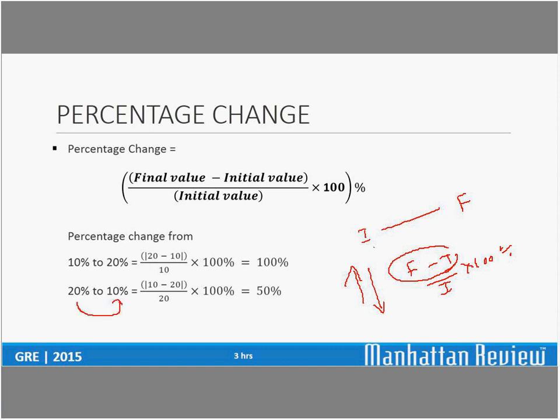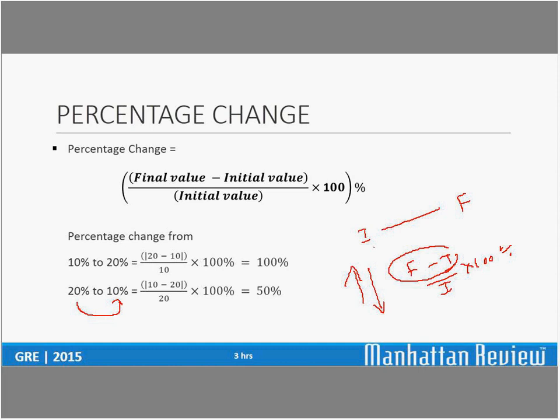Exactly, because 20 became 10. Last year I gave 20, this year I'm giving 10. From what to what is the question. From A to B: A is initial and B is final. So 10 minus 20. Correct? I got it.